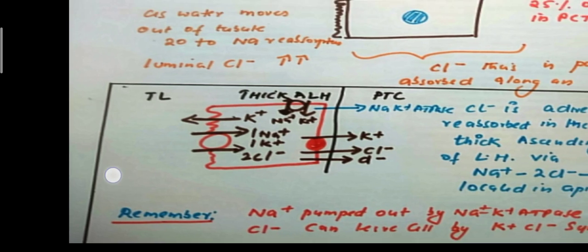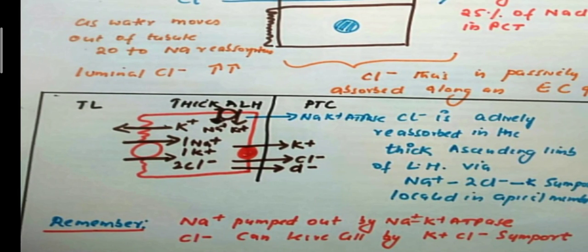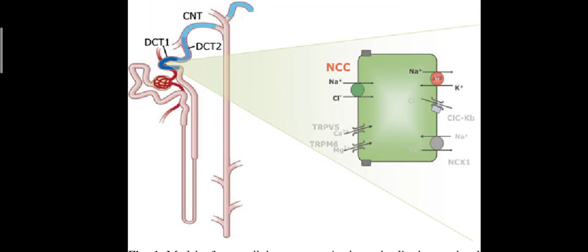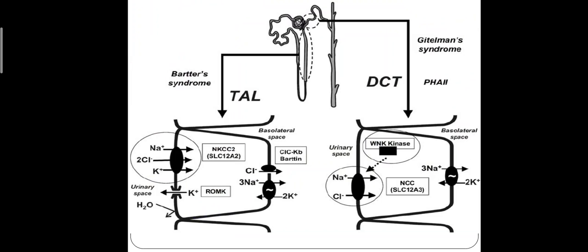So remember, sodium is pumped out by sodium potassium ATPase, and chloride can leave the cell by the potassium chloride symporter. And in the DCT, there is a sodium chloride transporter present on the apical membrane and a CLC-KB channel present on the basolateral membrane. And of course, the sodium potassium ATPase pump is also present on the basolateral membrane.